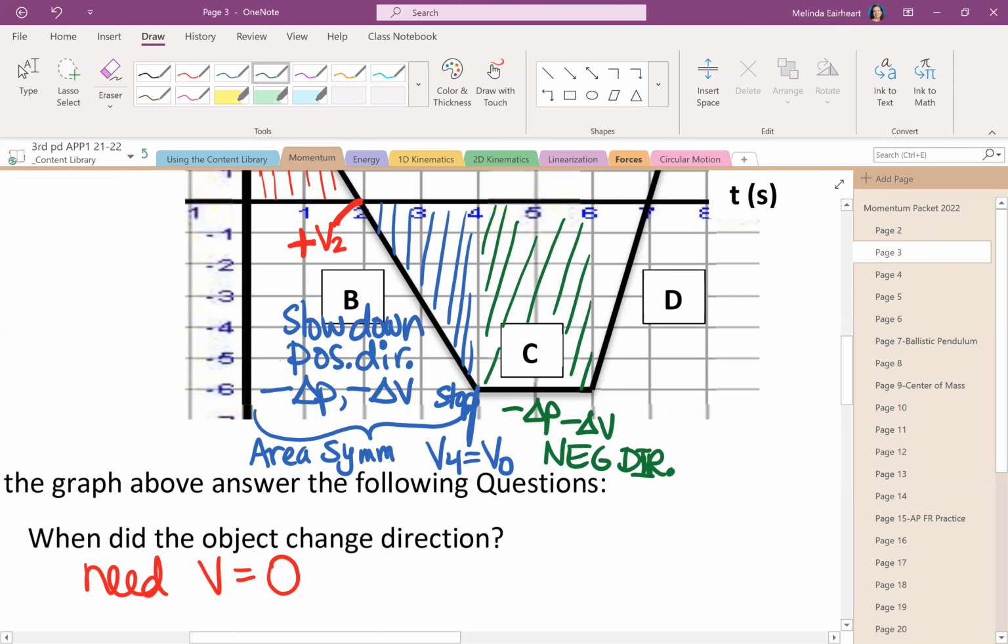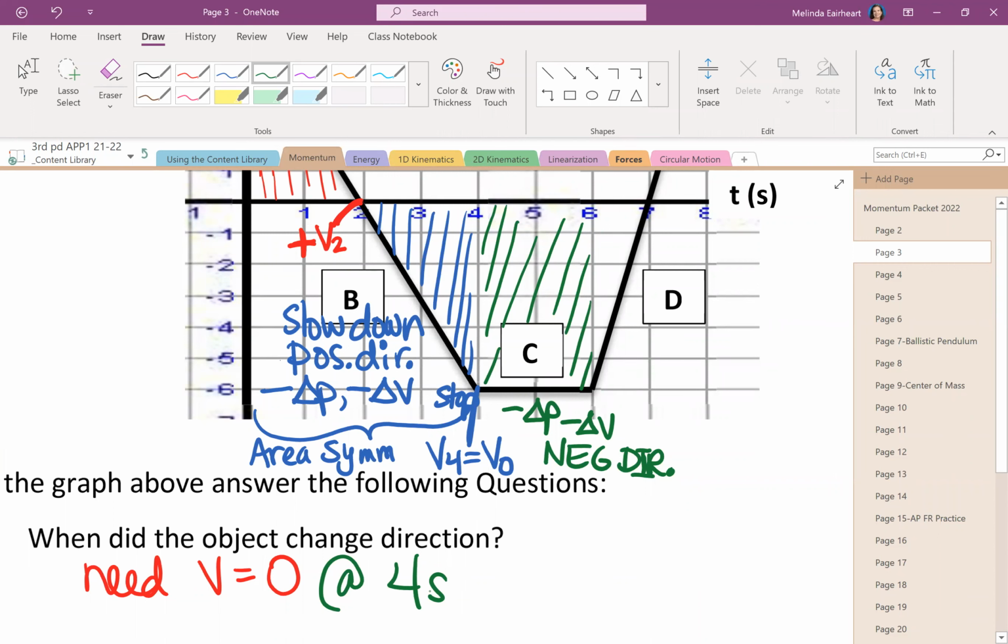Can we answer question 1 yet? At what time does the object turn around? Change direction. 4. Okay, before 4, we were always going the positive direction. After 4 seconds, at least in that 4 to 6, we're going in the negative. And so it's at 4 seconds that we turn around.